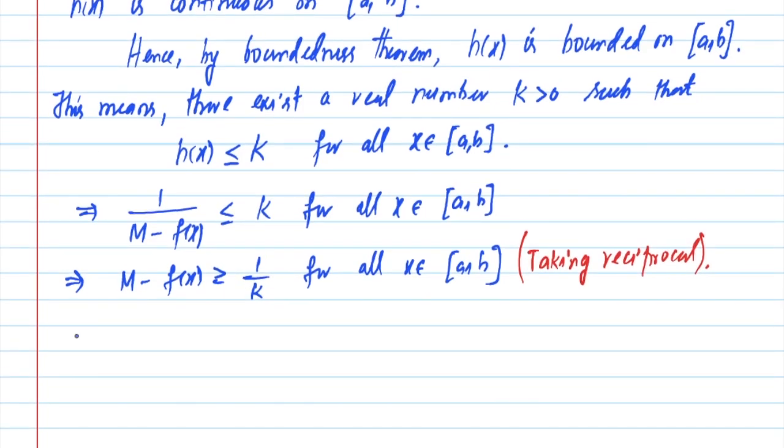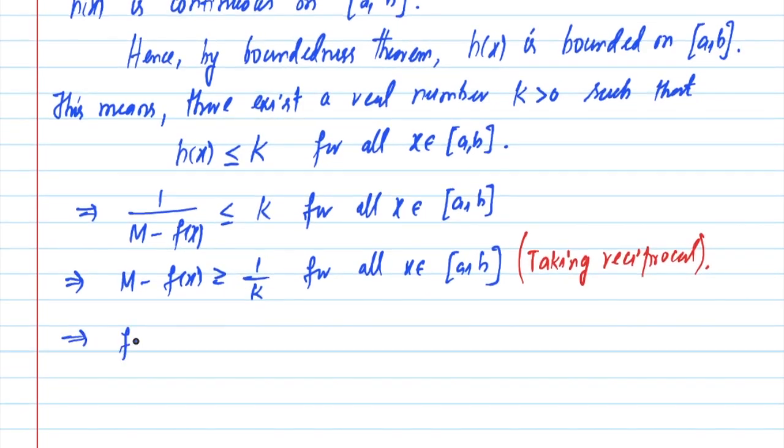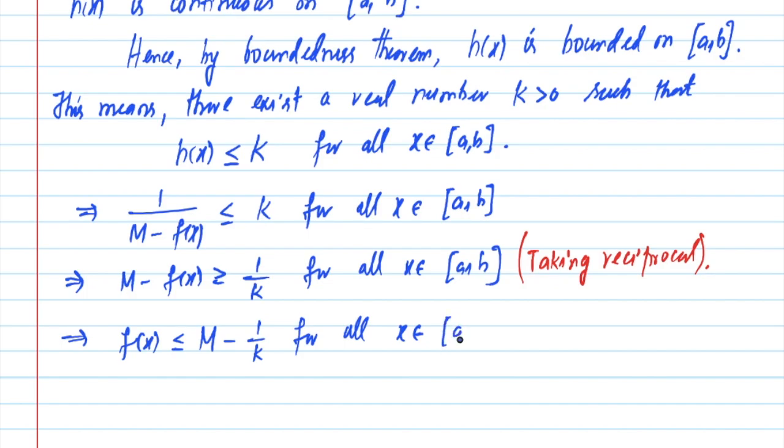Then this implies f(x) is less than or equal to M minus 1 divided by k for all x belonging to the closed interval [a, b]. We have just manipulated or simplified this expression, shifting f(x) onto the right-hand side and 1 by k onto the left-hand side. Then f(x) becomes less than or equal to M minus 1 divided by k.